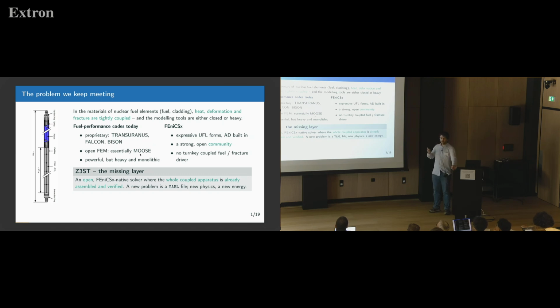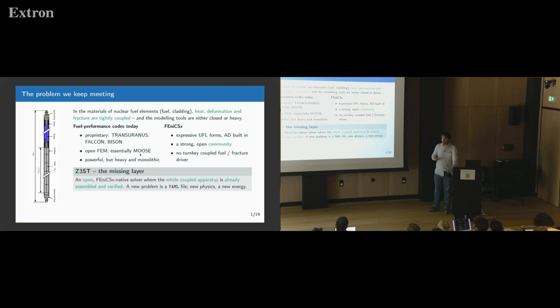To do this particular study and extract figures of merit that are useful from an engineering point of view, people usually use codes that are proprietary and okay from a regulatory point of view.